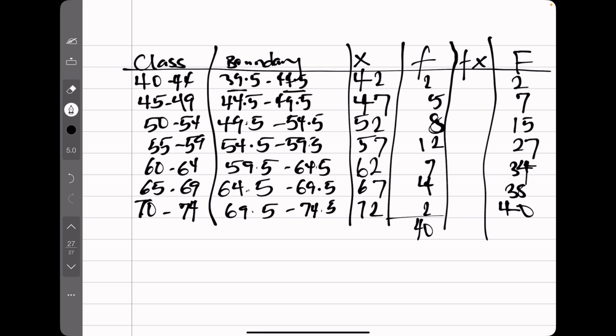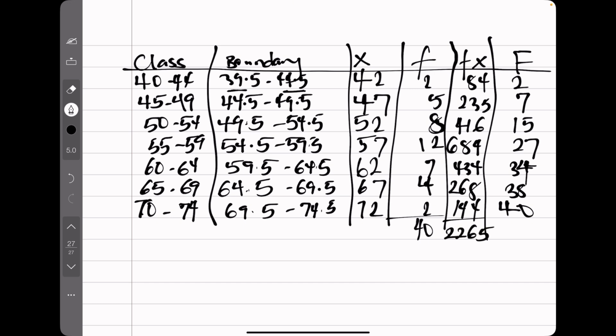And we did our fx, and we got 84, 235, 416, 684, 434, 268, and 144. That's our fx, and the summation fx, that is the addition of the whole fx column, is 2265.